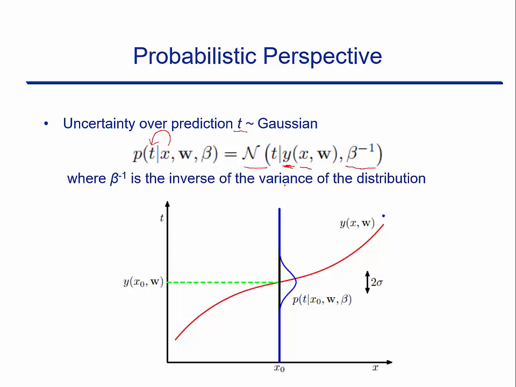Now, for this purpose, we should assume that given the value of x, say x0, we know the predicted value, which is y of x0. And the Gaussian distribution for the target value t of 0 is a distribution around y of x0, like this way.